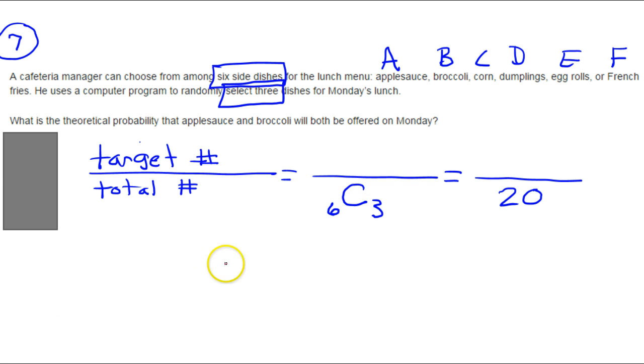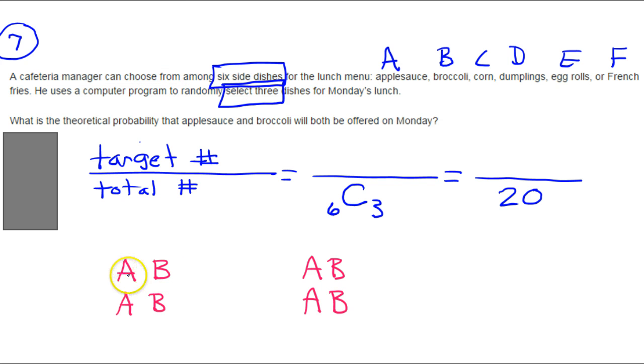All right, I think we can rely on our common sense for this one. We're talking about selecting 3 dishes. If we already know that 2 of them are applesauce and broccoli, okay, let's see, what are the other possibilities? What are the possibilities for the other one? All right, there's only one open space for the third dish.